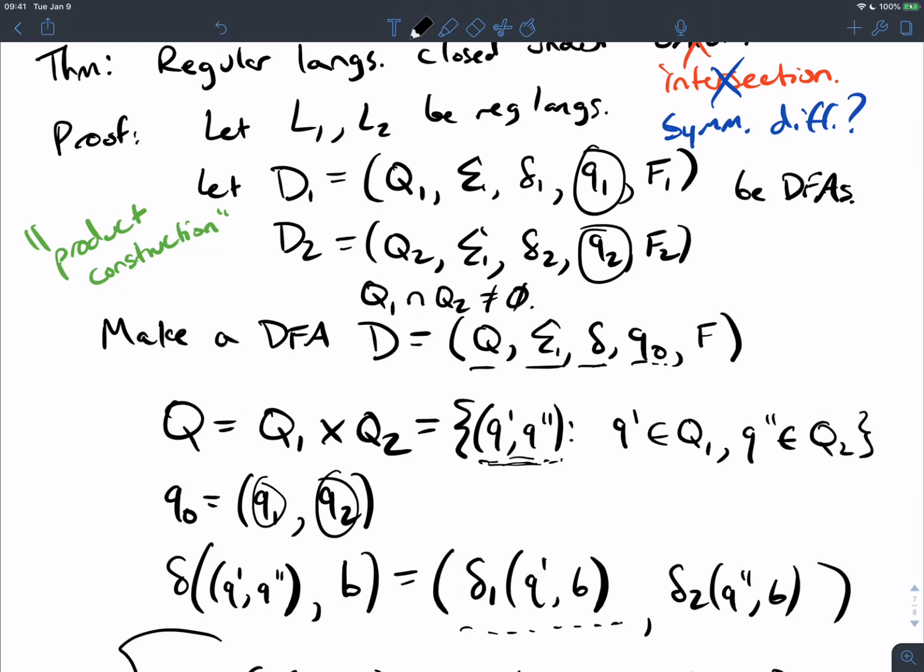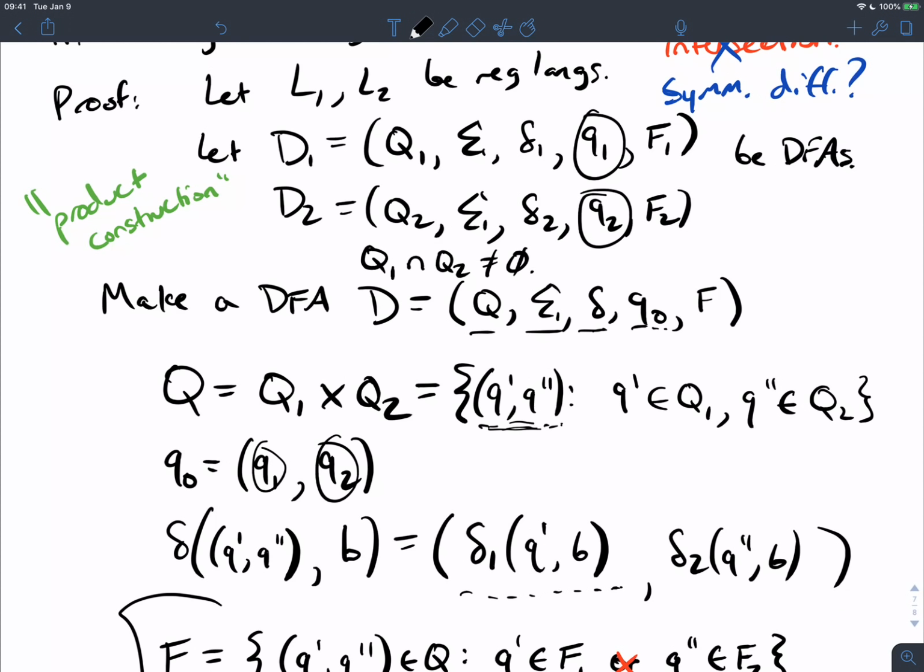Well, that means I'm running through the input twice. The DFA can't store anything other than what state it's in currently and what symbol it's reading. If there was some way that a DFA could duplicate the input, then that would be possible, but there's no such operation. And so therefore it can't be. So you need to build that into the states.